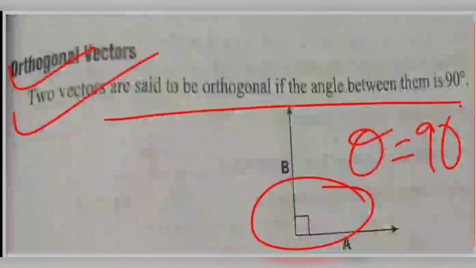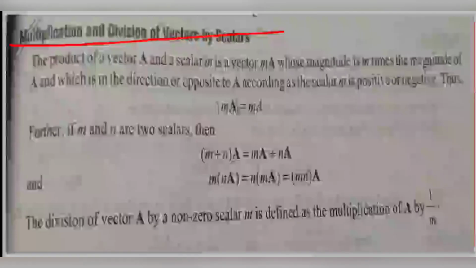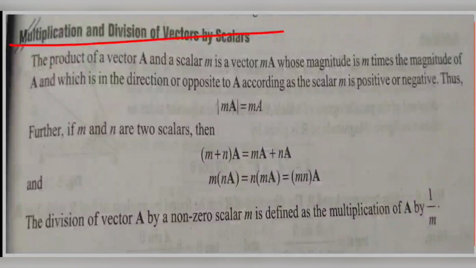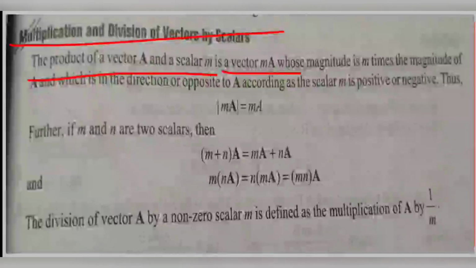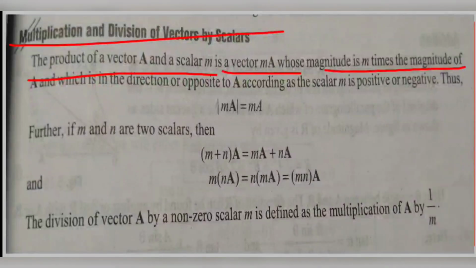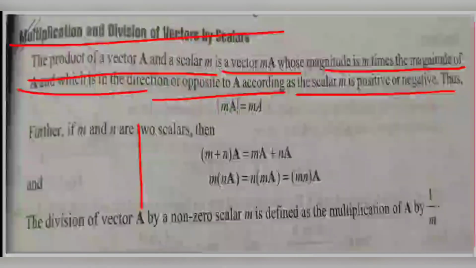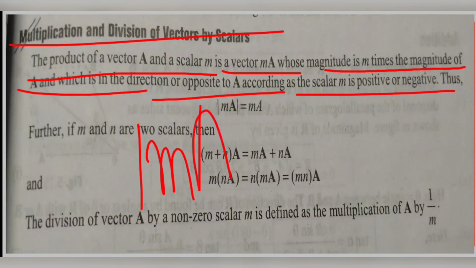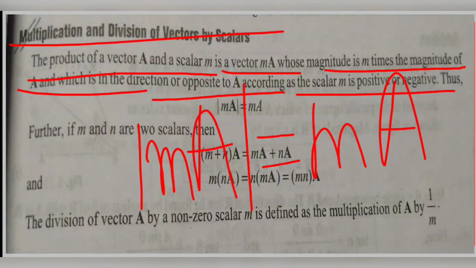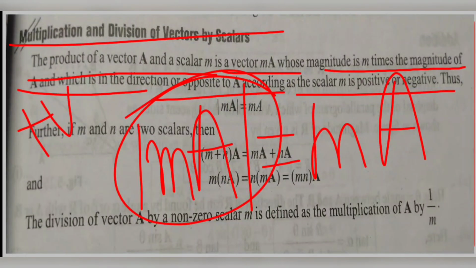Now we have the multiplication and division of vectors. The product of a vector A and the scalar m is a vector mA whose magnitude is m times the magnitude of vector A, with the direction opposite according to the sign. In a scalar quantity we don't have a direction, so we can write mA equal to m into A. The direction will be either positive or negative.